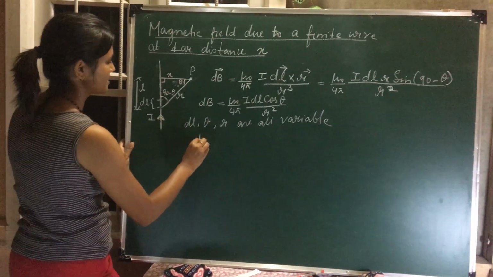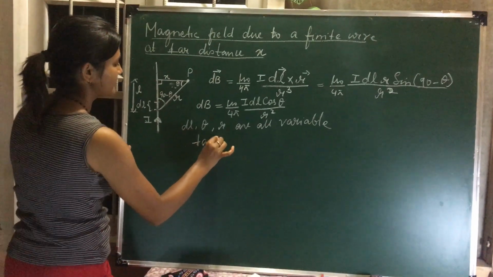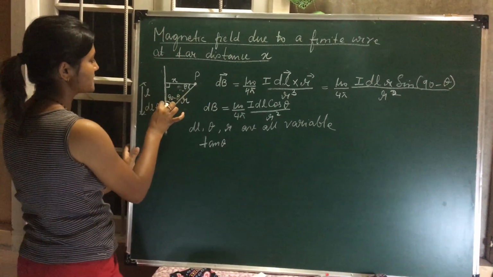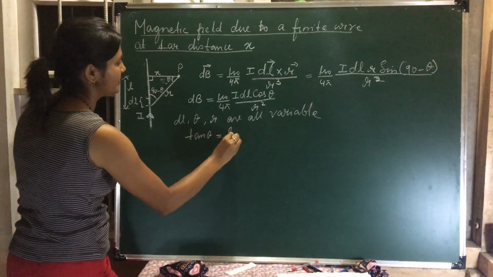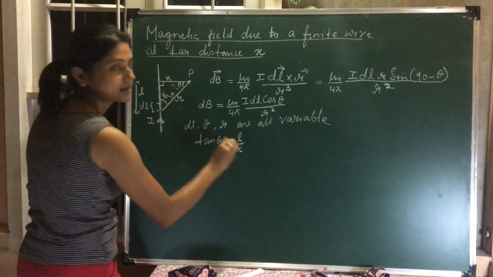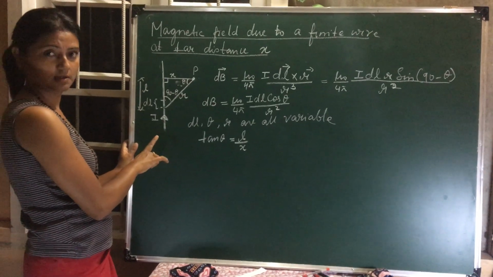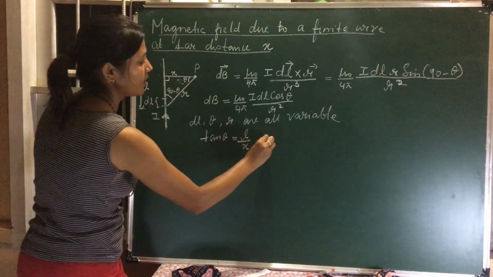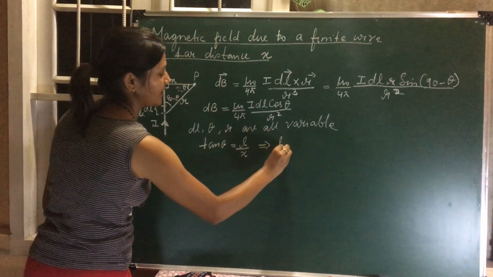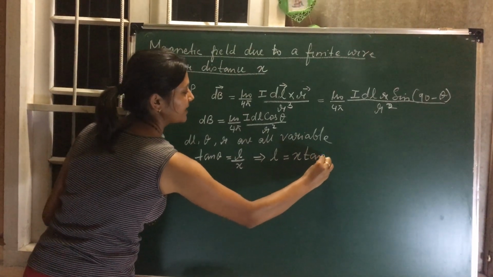Tan theta is equal to opposite by base. How much opposite are we taking? L by x. Is it okay? Subika, any problem? Okay. So this is the one. Now what does L become? L is equal to x tan of theta.